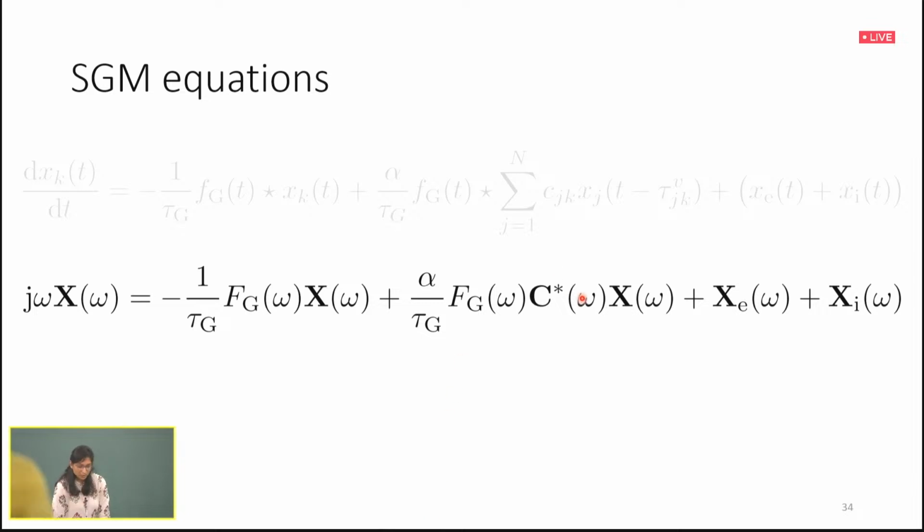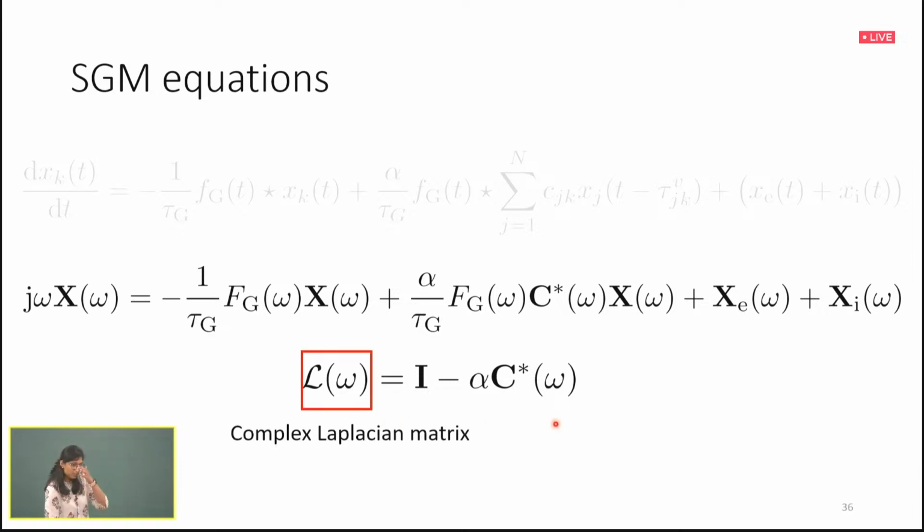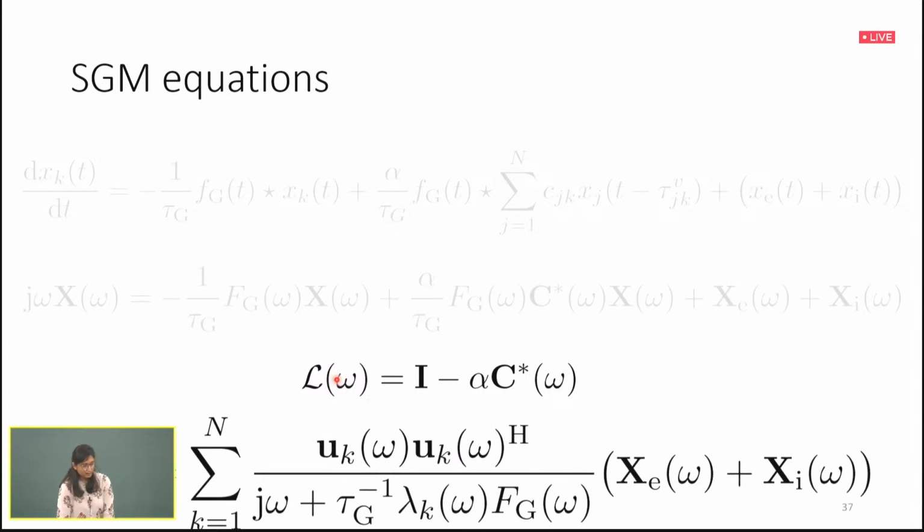So that's all we do, and when we do some rearranging, we come across this term, we call it a complex Laplacian matrix, but it's essentially similar to a Laplacian matrix you might have seen in graph theory, and we do an eigen decomposition of that, and this is how the final analytical solution looks like.